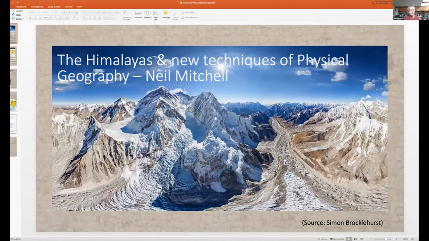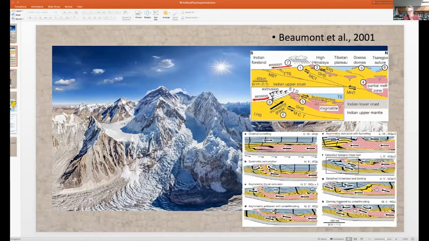So if we see the next slide. The reason is that when erosion occurs in places like this, it's removing a lot of the weight from the landscape. These rocks are ultimately taken down into the Indian Ocean and the Bay of Bengal and so on.